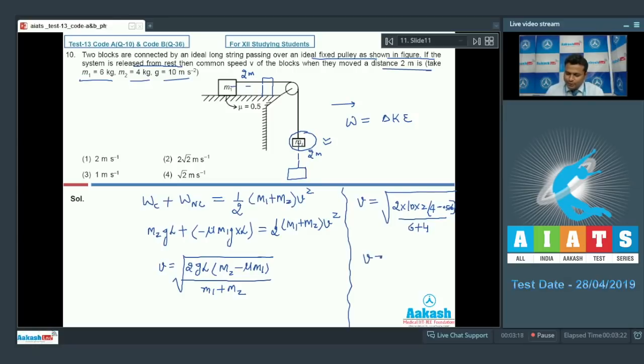Solving it, we get the value of v as 2 meters per second. So the common speed after 2 meters of displacement is 2 meters per second. Option number 1 is absolutely correct, so we'll proceed with option number 1 only. Move on to the next, that is number 11.